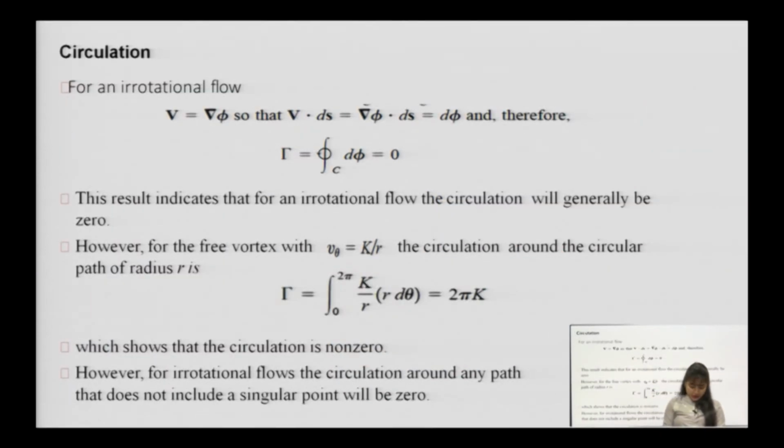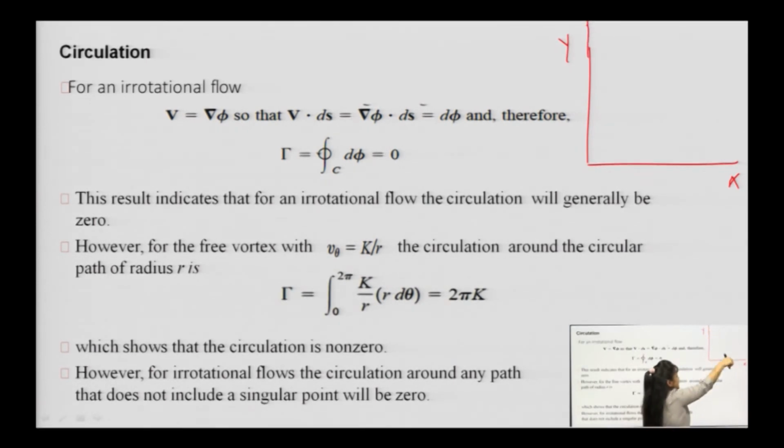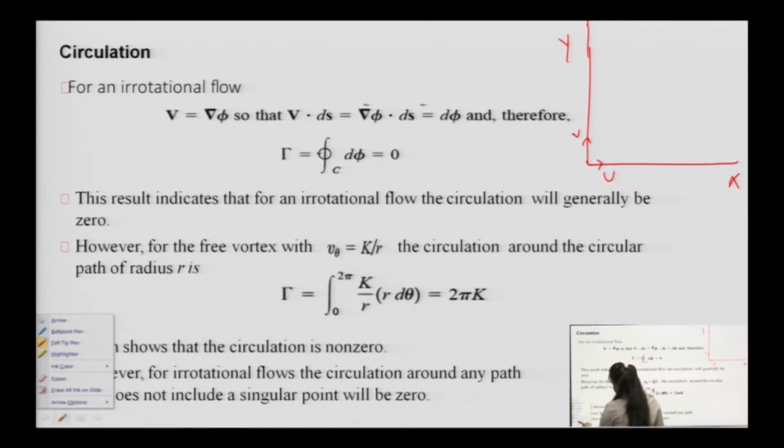Coming to circulation, any line integral of a velocity component is nothing but circulation. Let us draw two axes, x and y. We have taken the xy plane and the corresponding velocity components as u in the x direction and v in the y direction. Now, let us place a fluid element in this xy plane.